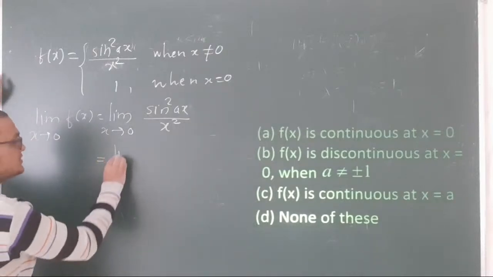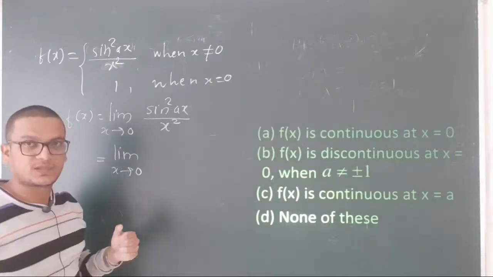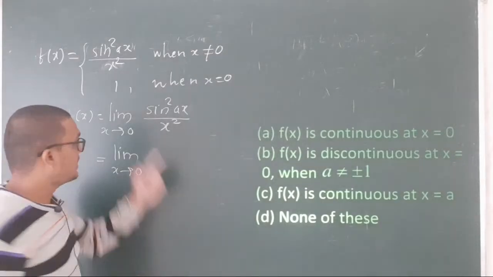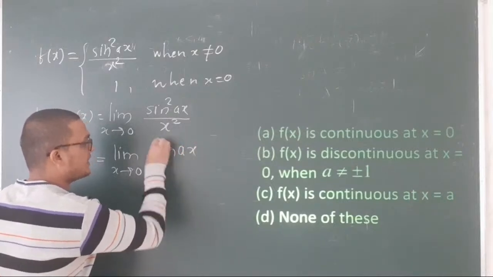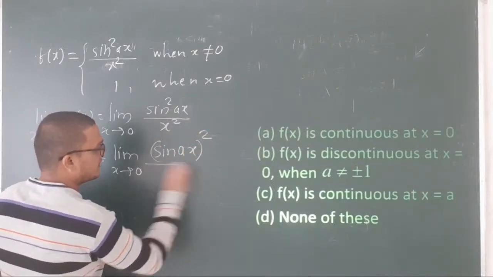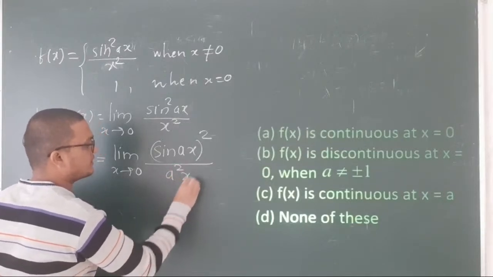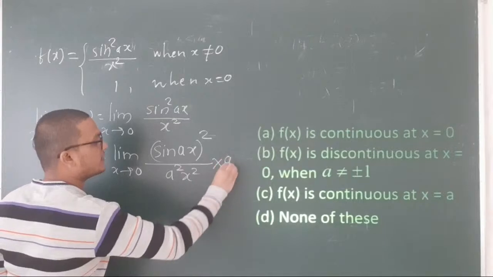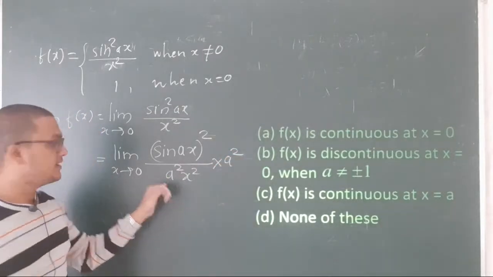Then see, by using some limit properties or limit theorems, I can write it. So this sin square ax, I may write sin ax whole square divided by, here I will multiply by a square and I will divide by a square. I have multiplied by a square and I have divided by a square.